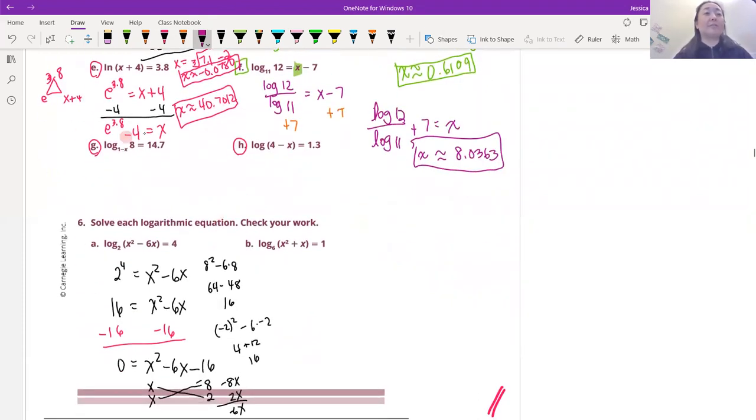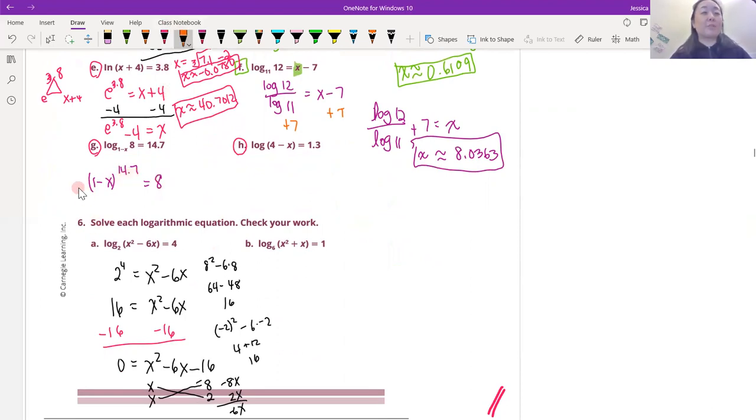Couple more to go. So let's take a look here. Again, our x is in the base, so we're going to use the triangle method. So that's going to be 1 minus x to the 14.7, and that's going to equal 8. All right. We've done these before.